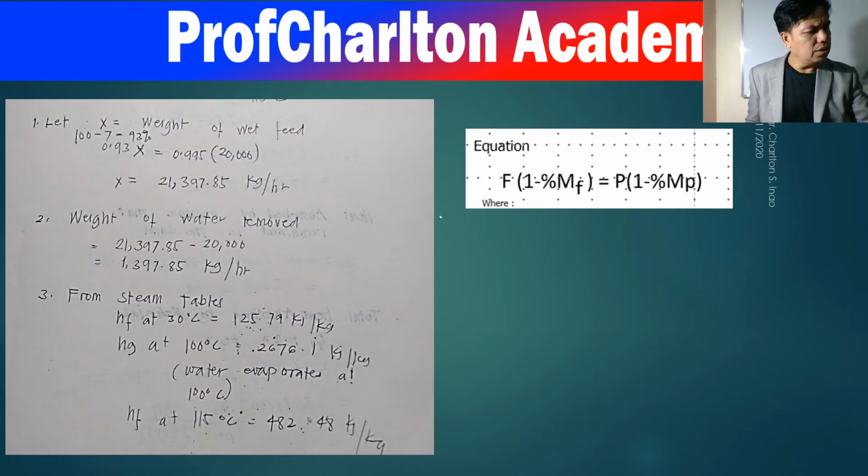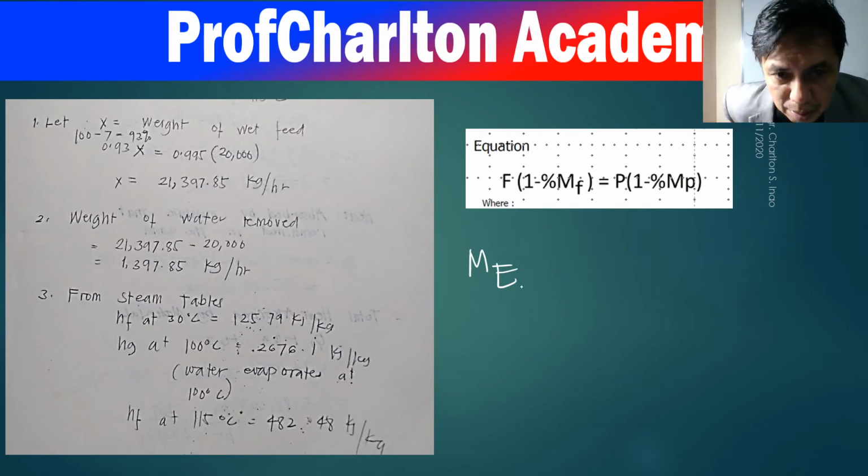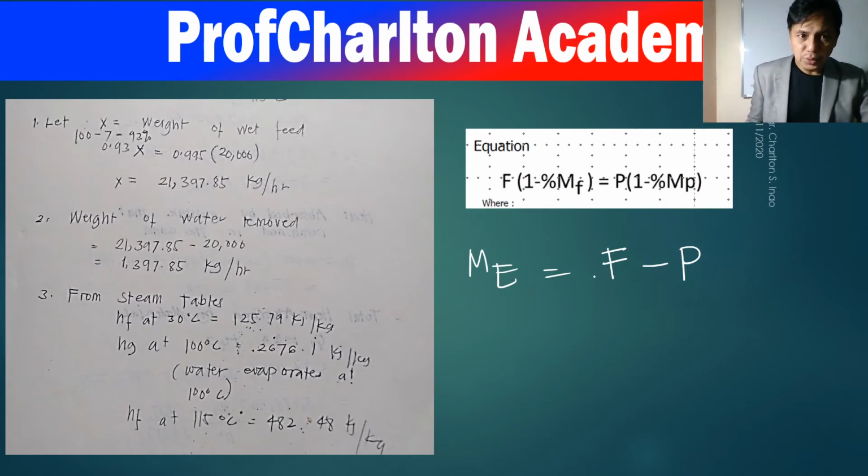The other notation for this is M sub E, mass evaporated. Now it's just simply feed minus the product. When you subtract the two, the difference will be the amount of water that is evaporated or removed or extracted.